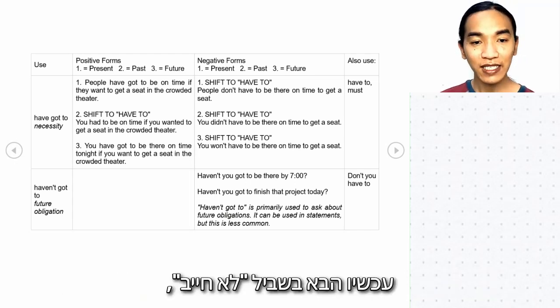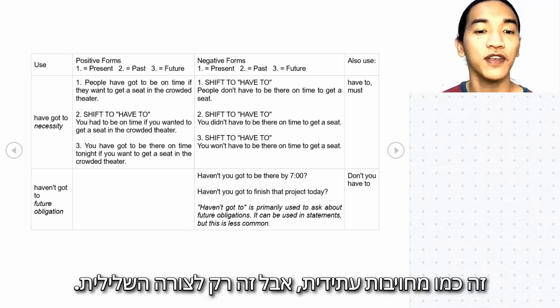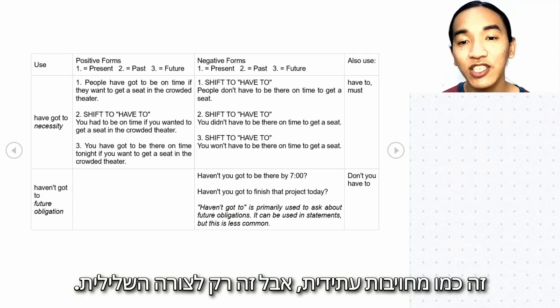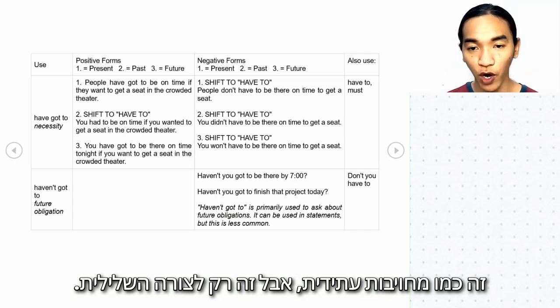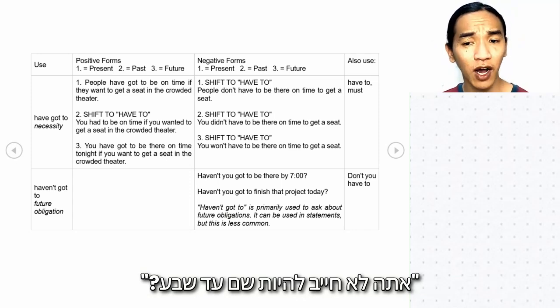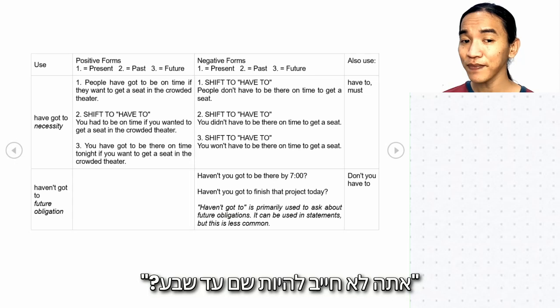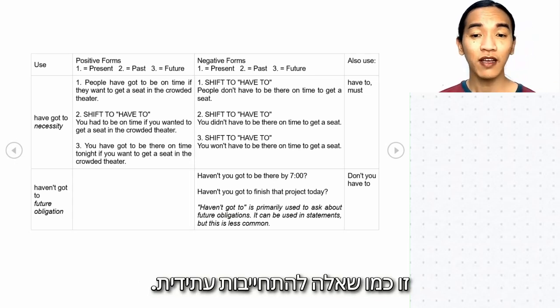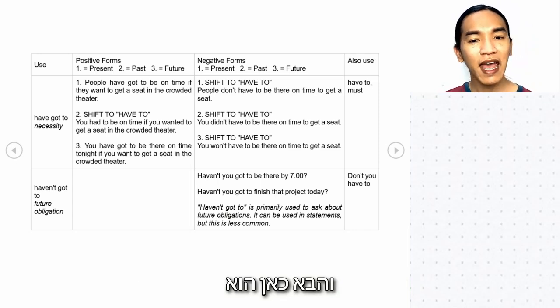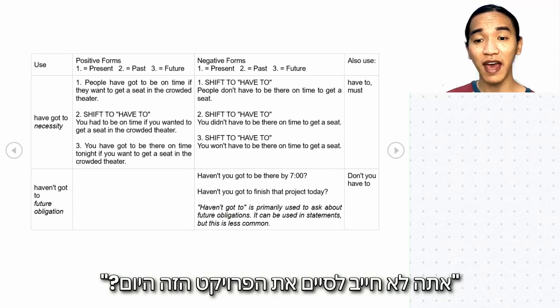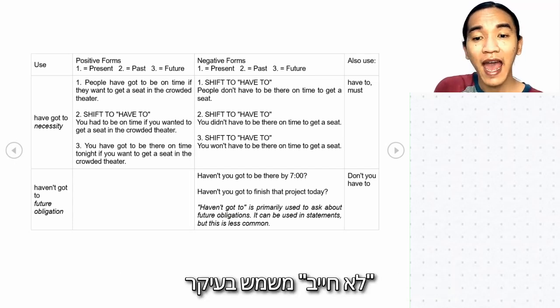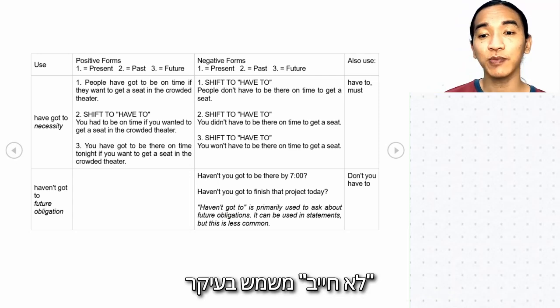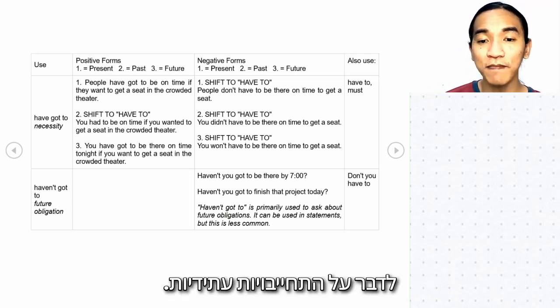Now, the next one, haven't got to, this is like future obligation, but it's just for the negative form. Haven't you got to be there by 7? This is like a question for future obligation. And the next one here is, haven't you got to finish that project today? Haven't got to is primarily used to talk about future obligations.